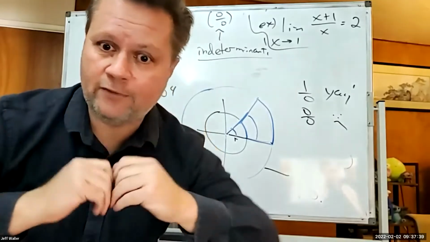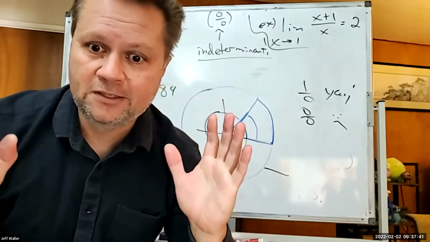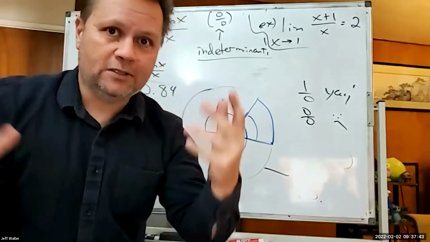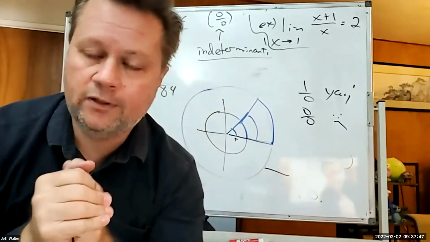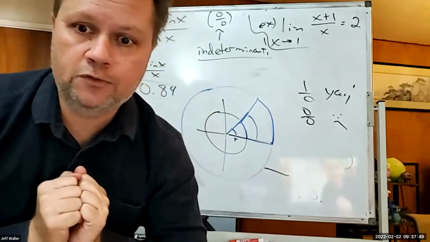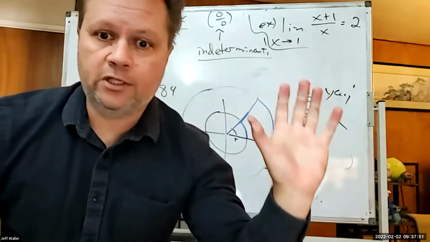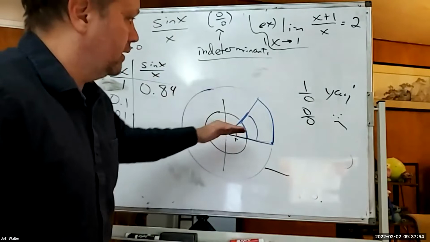Doesn't 360 have a ton of factors? There are some better ones, but 360 is a really good one with a ton of factors. So that's why it was just arbitrarily chosen. We just arbitrarily chose to break this up into 360 little parts.